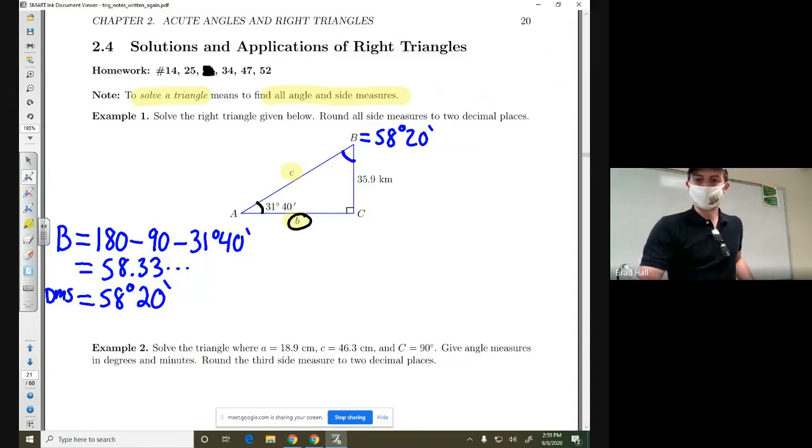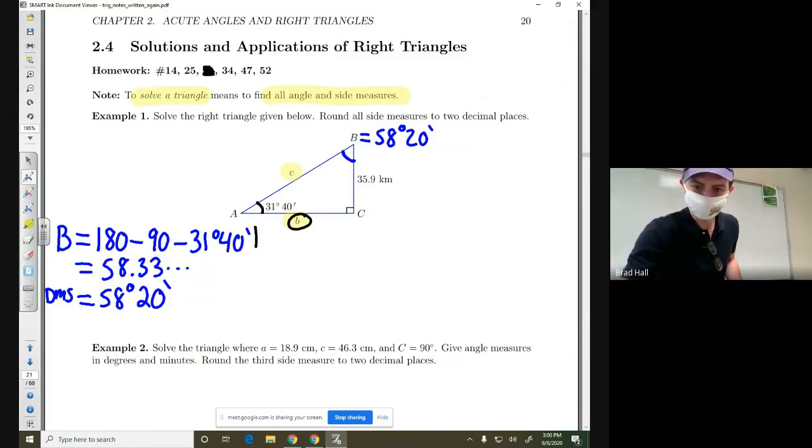If 31 degrees and 40 minutes is our angle, which trig function would incorporate the segment which is known that is opposite, as well as the unknown which is adjacent? That's tangent.